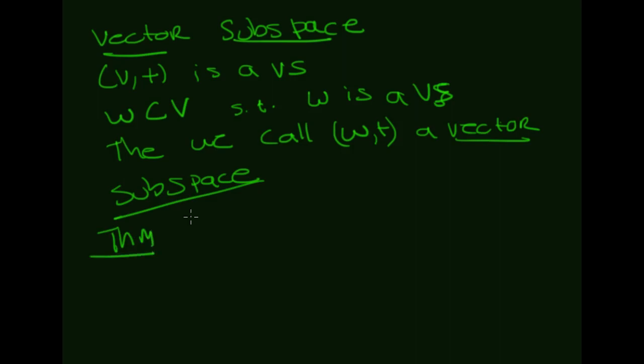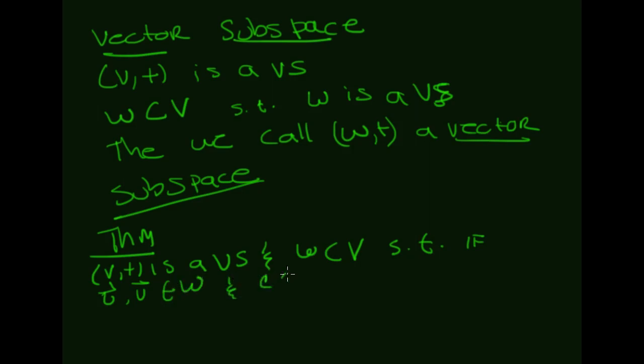The theorem says that if I have a vector space, V under plus is a vector space, and W is a subset of V, such that if u and v are in W and c is a real, and u plus v is in W, and c times u is in W. So W is closed under addition and scalar multiplication, right?